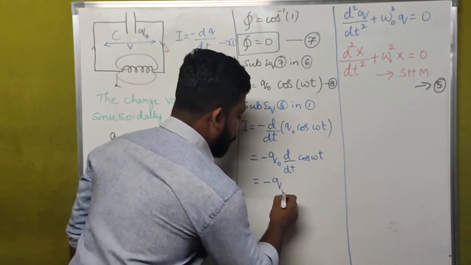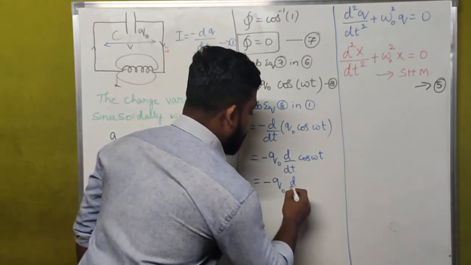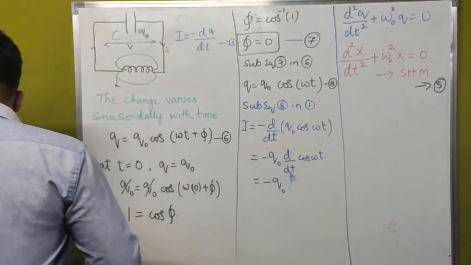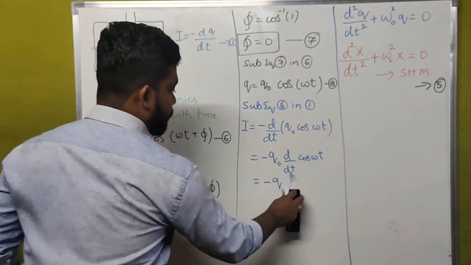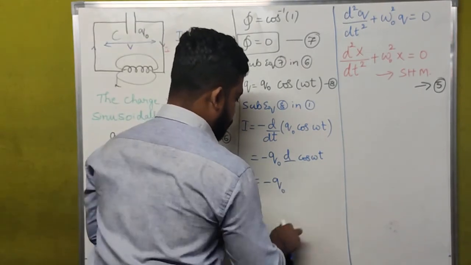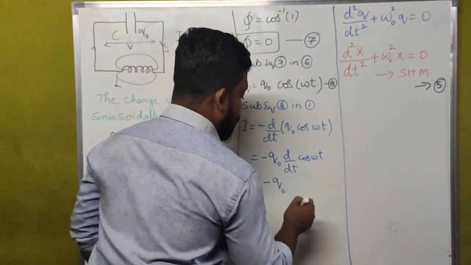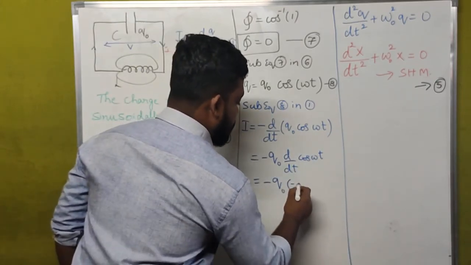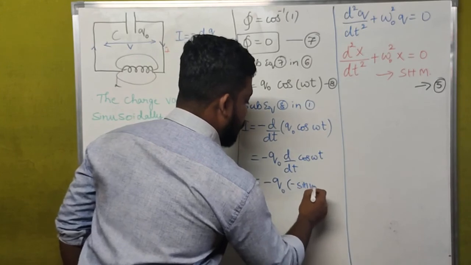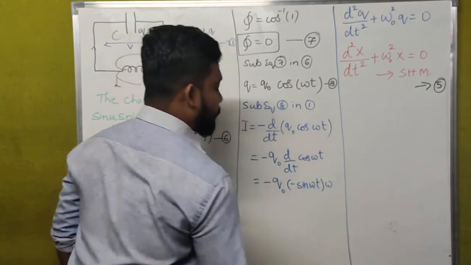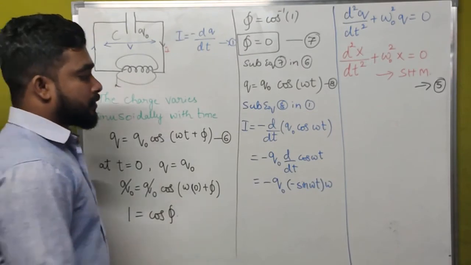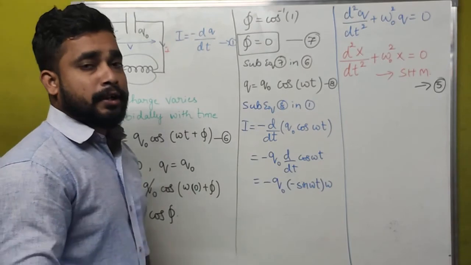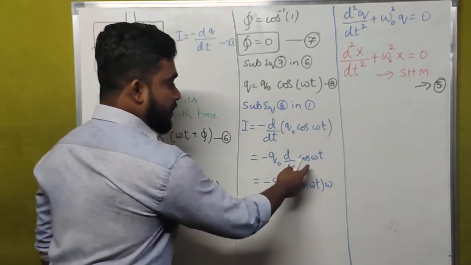So the differentiation of cos omega t with respect to time is minus sine omega t into omega, because of the chain rule.